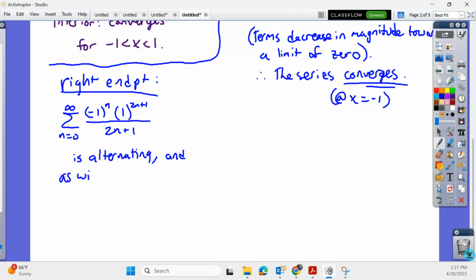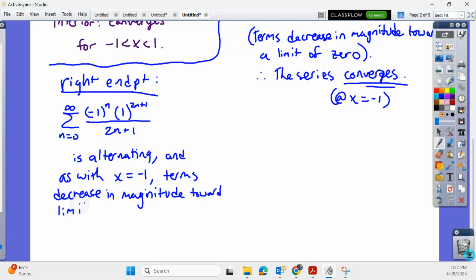as with x equals -1, I don't have to show it all again, the terms decrease in magnitude, because it's the same thing, right? The magnitudes are the same, toward a limit of 0.